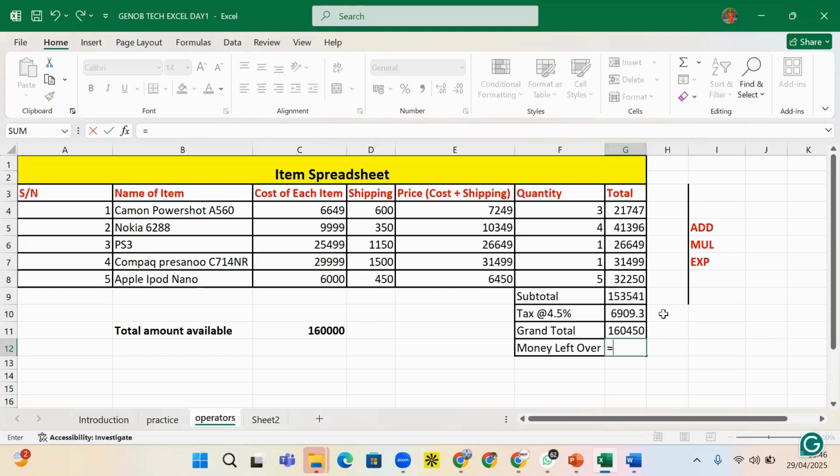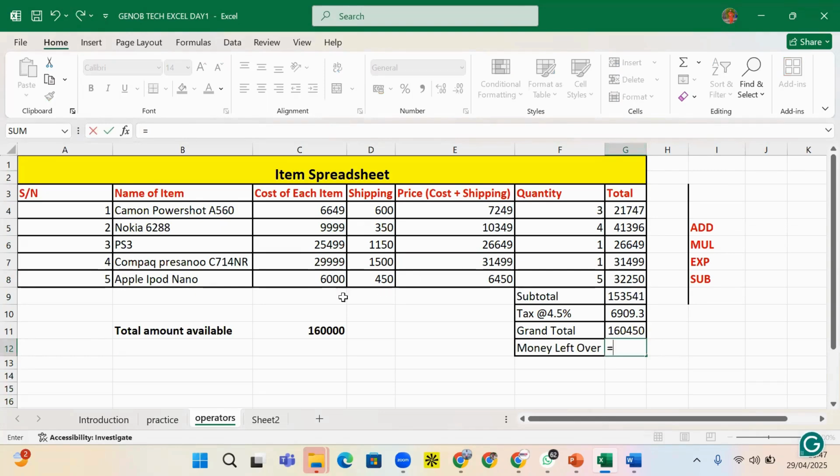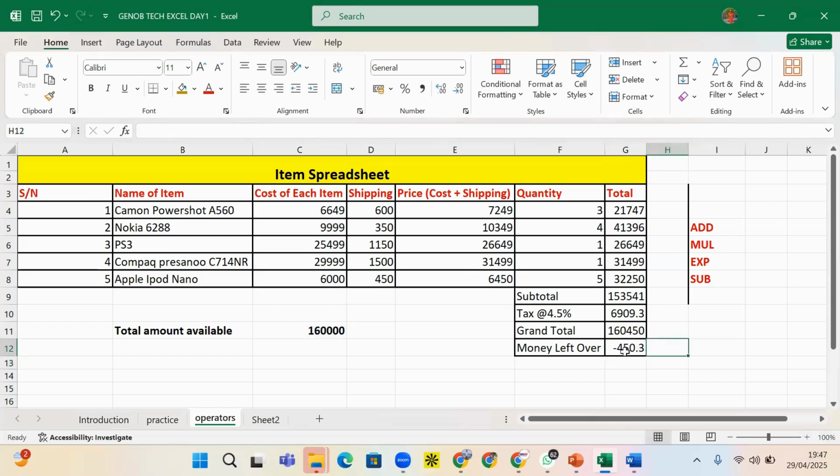Equal to, now we use the subtraction operator, subtraction, equal to, this is the money we went to the market with, 160K, minus the grand total, to give us the cash at hand or money left, right? So it means we still have 400 and 50.3 naira, right? Is that true?